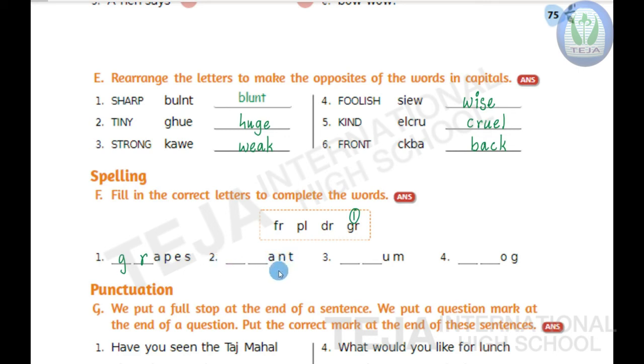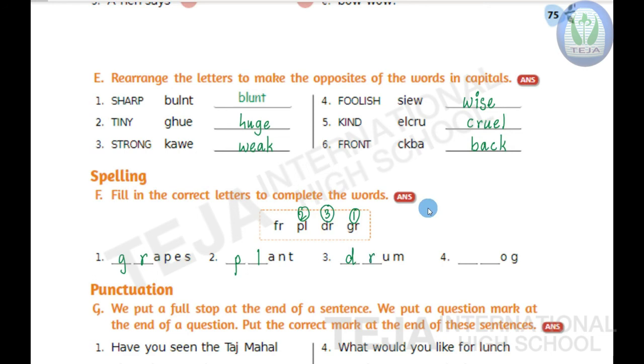Now choose the letters from the box, children. It's PL. The word is PLANT, plant. Third one dash dash UM. So here the letters are DRUM, that is drum. Write DR.